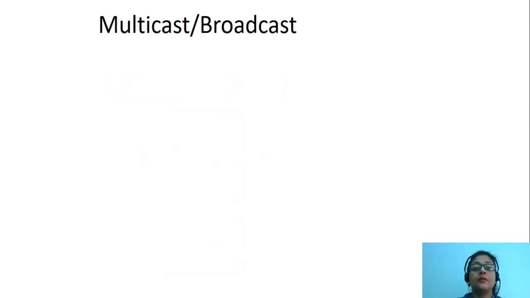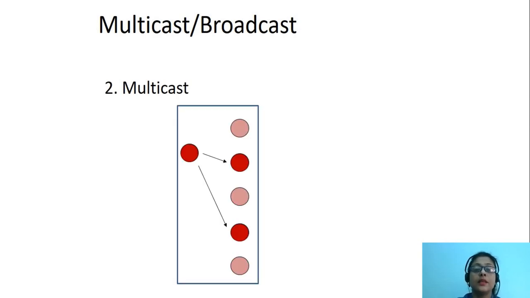Let's now look at multicast and broadcast. First, multicast connection. In this diagram, we can see that at the input side, we have again a single node N1. At the output side, we have NO1, NO2, NO3, NO4 and NO5.